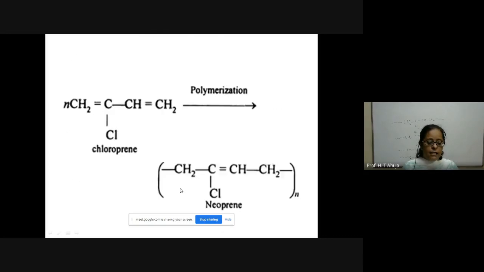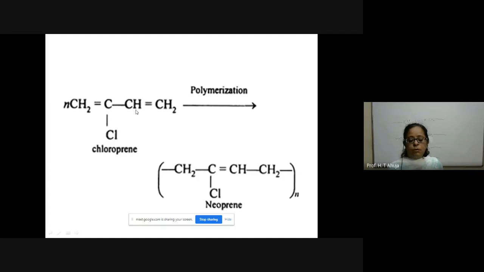Now how exactly is this reaction taking place? See on the screen what we have. This is the chloroprene structure, that is CH2=CCl-CH=CH2. Now if you see nicely, this is again the structure of 1,3-butadiene only, but one of the hydrogens at the second position is replaced by Cl.